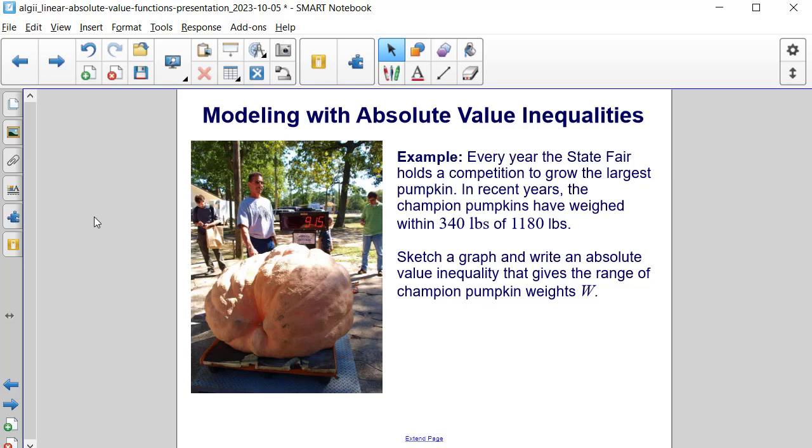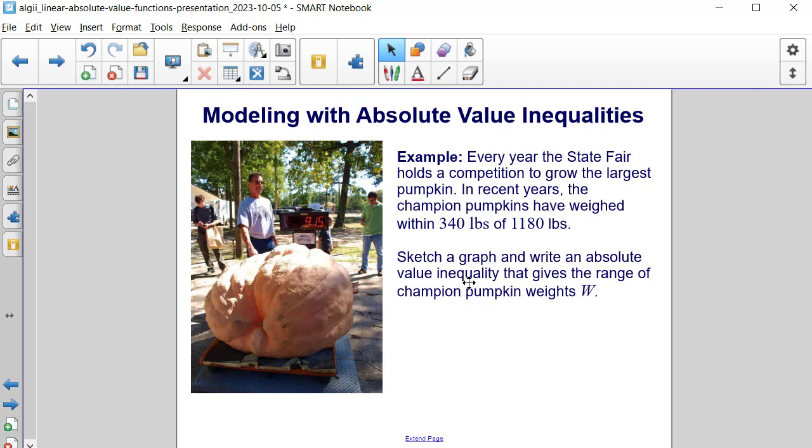Every year, the state fair holds a competition to grow the largest pumpkin. In recent years, the champion pumpkins have weighed within 340 pounds of 1,180 pounds.